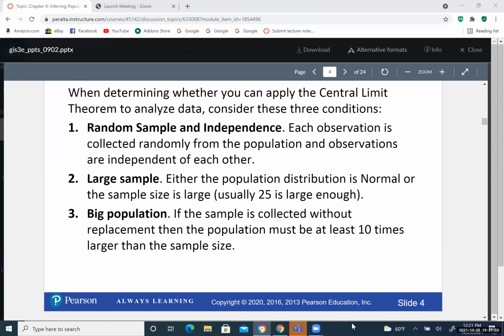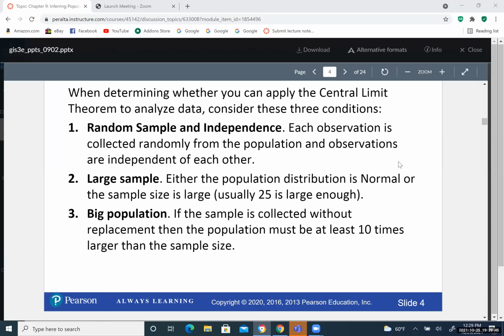The third one is a big population. For this one, you only need to take your sample size and multiply by ten. I think it's just simple.